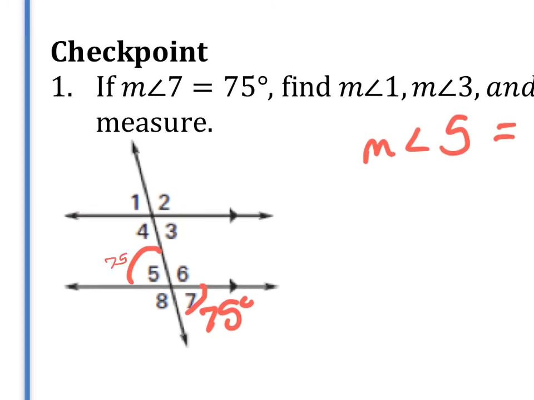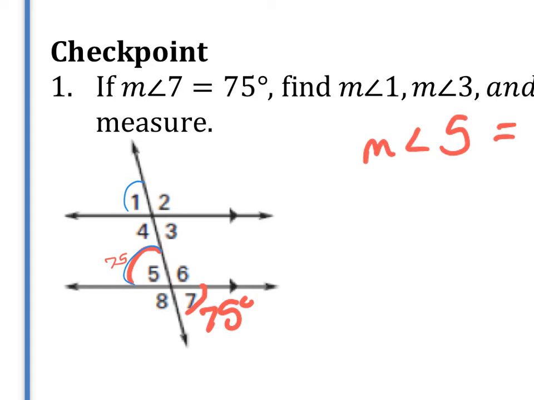Okay? We want to find angle 1. What do you notice about angle 1 compared to angle 5? They're both above and to the left of the line. Angle 1's above the top line, angle 5 is above the bottom line. They're both left of the transversal.